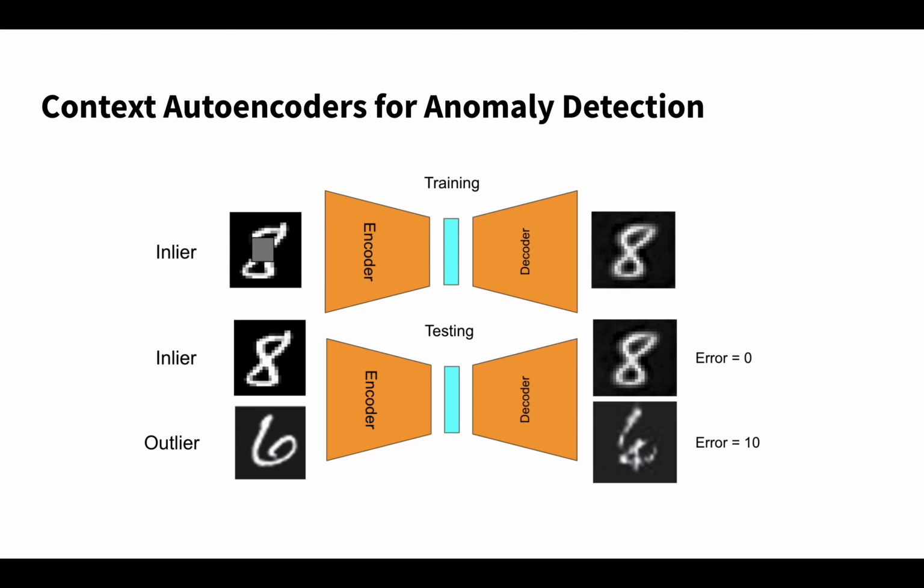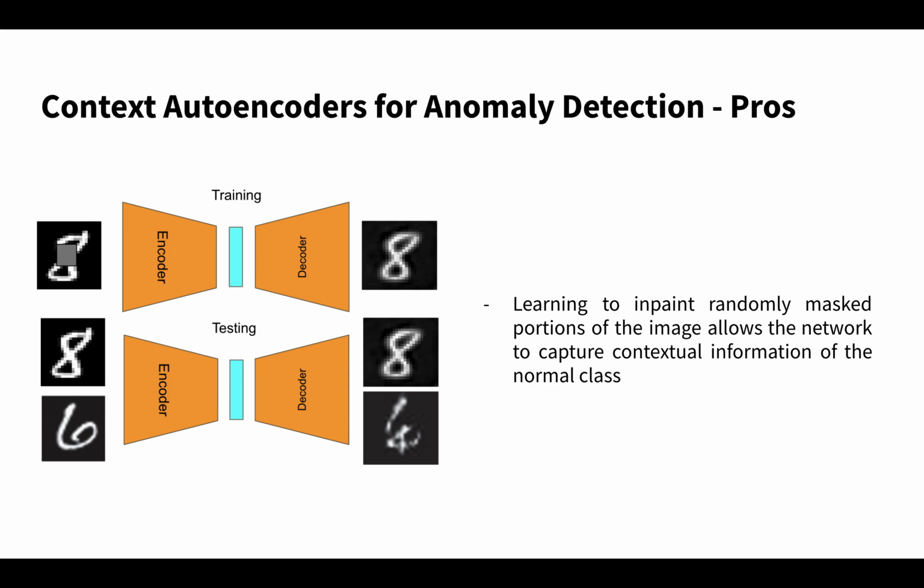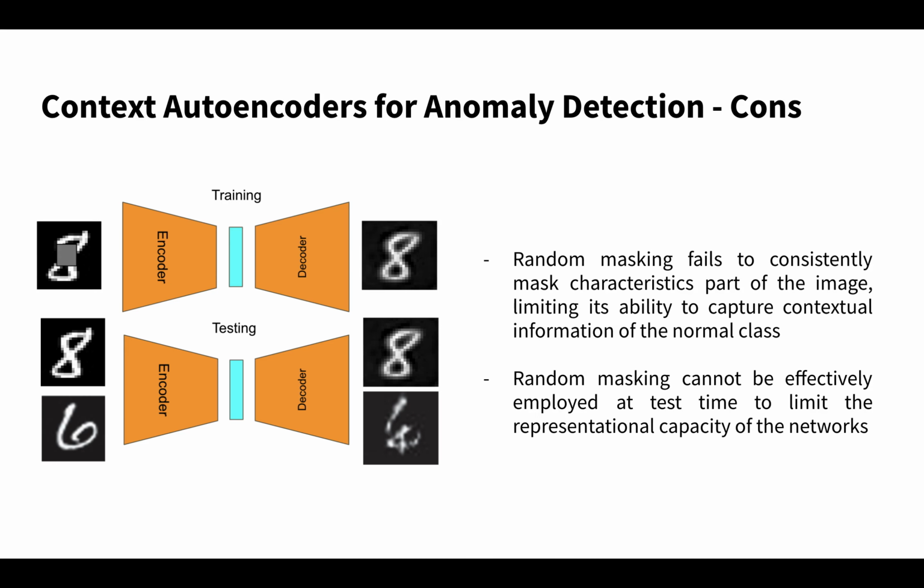Context autoencoders have also been proposed for anomaly detection and mitigate some of the drawbacks faced by regular autoencoders. Context autoencoders reconstruct images that have been randomly masked. By learning to inpaint randomly masked regions, the network captures contextual information about the normal class.